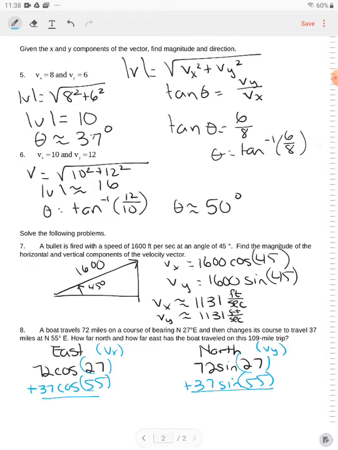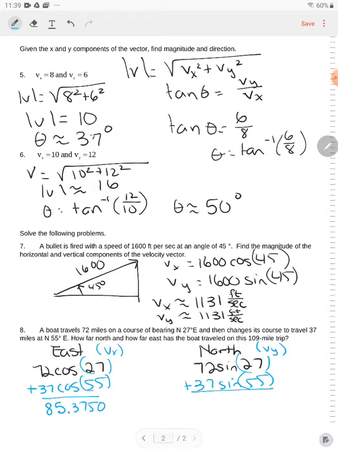So let me grab my calculator. We have 72 cosine 27 plus 37 cosine 55. We get 85.37. So I'm going to go ahead and carry the decimal point here, 85.375. We're going to carry 4 decimal places because I am rounding.